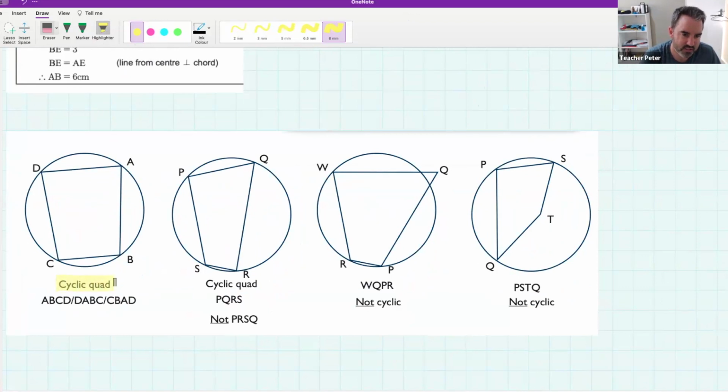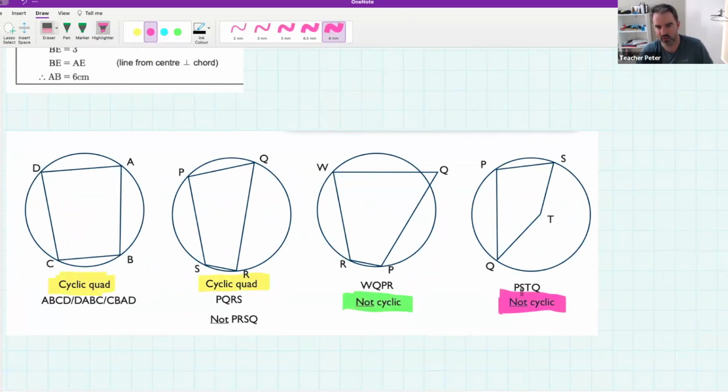So this is a cyclic quad. Well, it says cyclic quad, yes. This one is a cyclic quad. This one is not a cyclic quad. This one is not a cyclic quad. What do all the cyclic quads have in common?